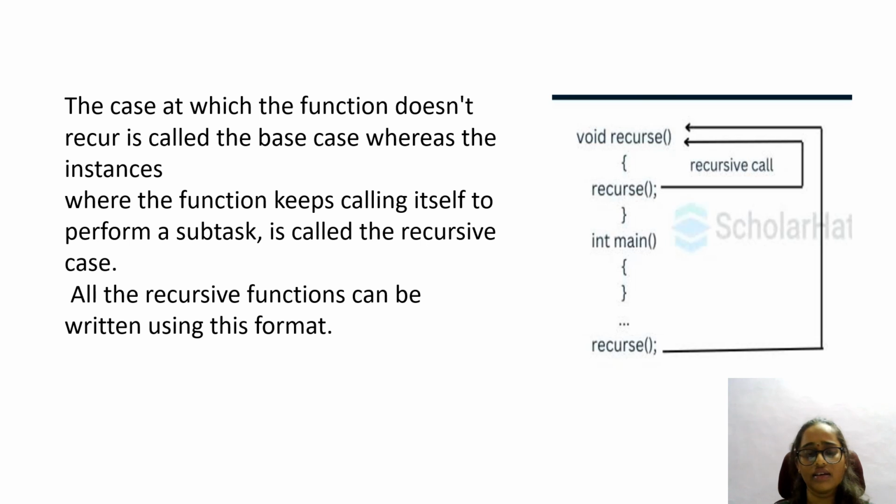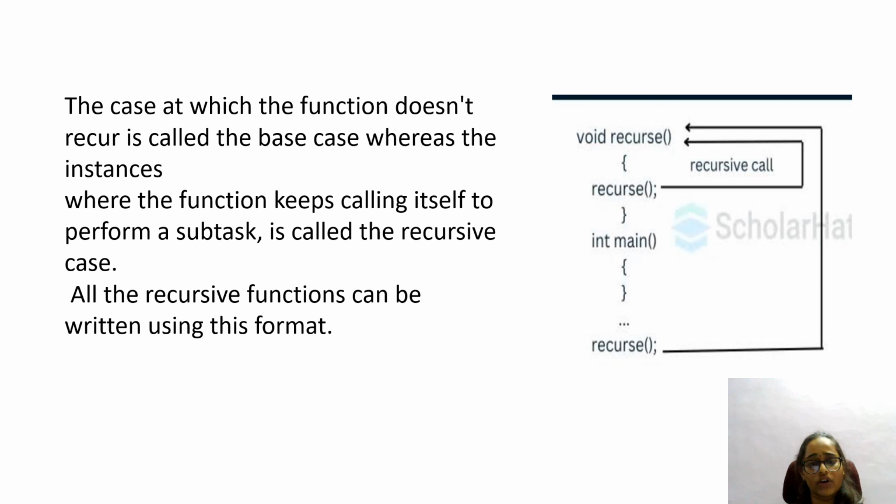Next, we can see the case at which the function doesn't recur is the base value, whereas the case where the function keeps calling itself to perform a task is called the recursive case.